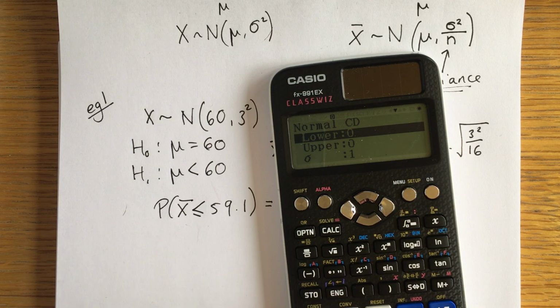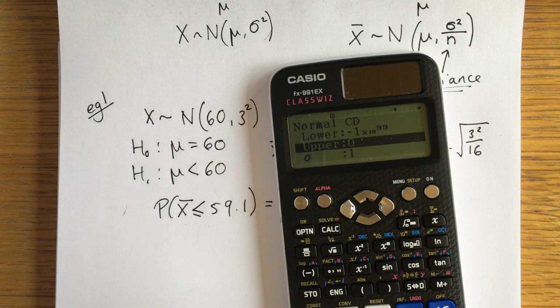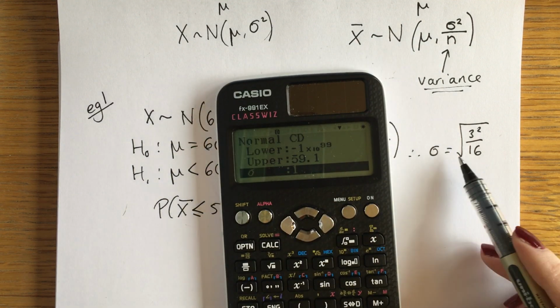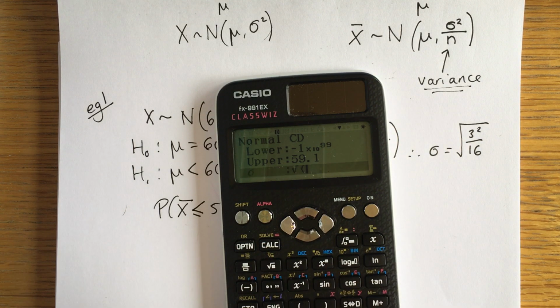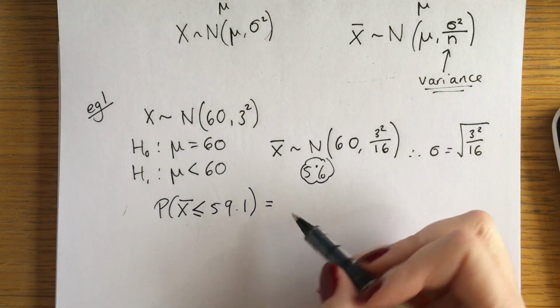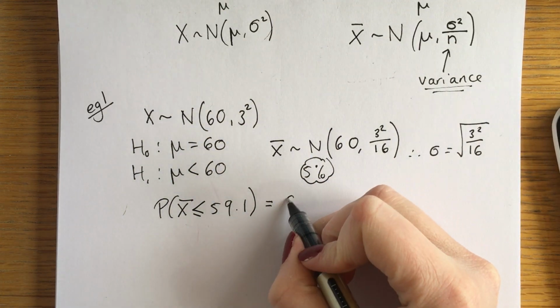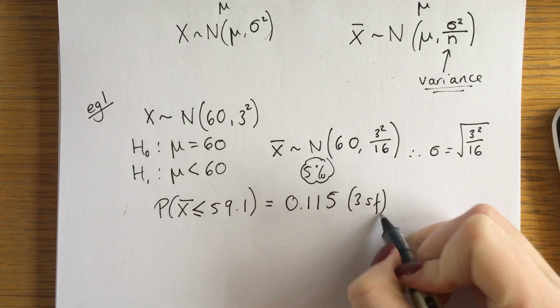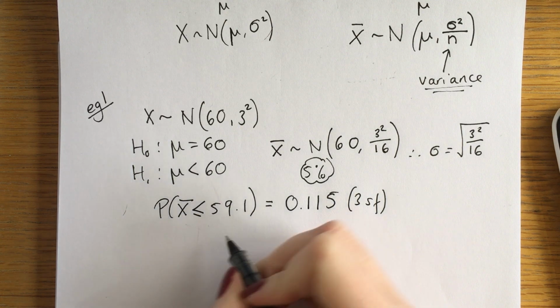Because I want less than 59.1, my lower bound is as small a number as I can think of. My upper bound is 59.1. My standard deviation is the square root of 3 squared over 16. And my mu is 60. So the likelihood of getting 59.1 or less is 0.115 to 3 significant figures.